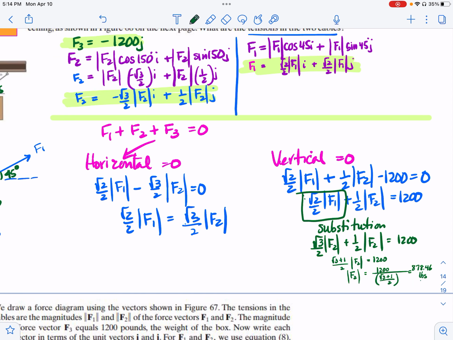And I'm going to use that F2 in here to find F1. So root 2 over 2 F1 equals root 3 over 2 of F2. Let me just make sure this math was done correctly.